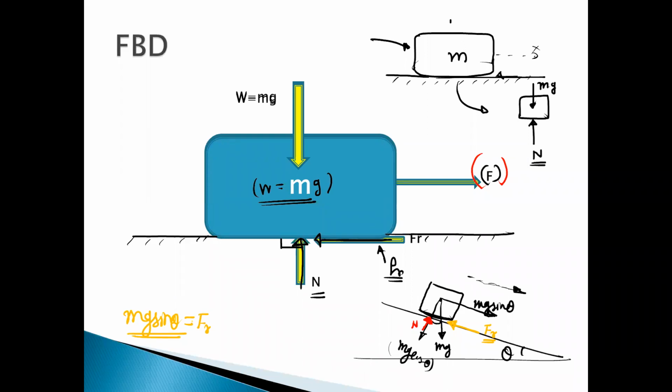If this external force becomes greater than the frictional resistance, then the object will start its motion in the downward direction. So here you can understand the friction will be developed if there is some external force or if there is a tendency of the motion. So this is the free body diagram about the friction.